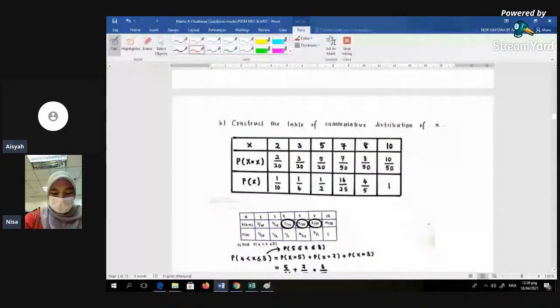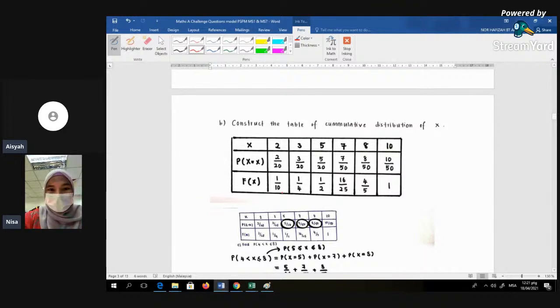And first, we just write back the value 2 over 20 at the first column of fx, which is 2 over 20, but I already simplified it to 1 over 10.